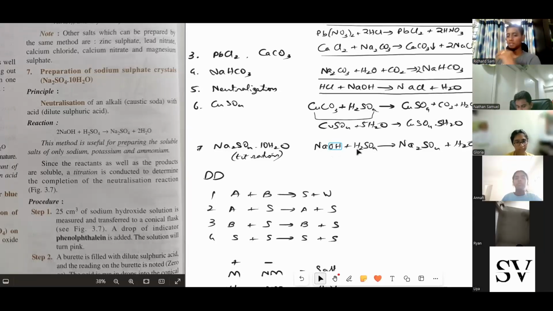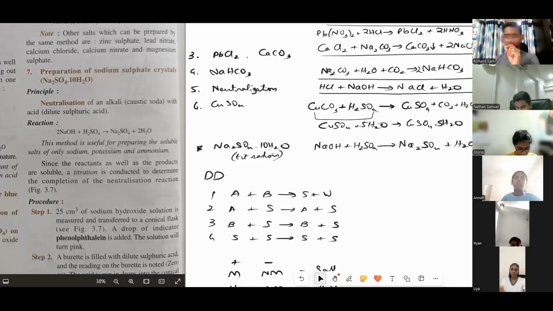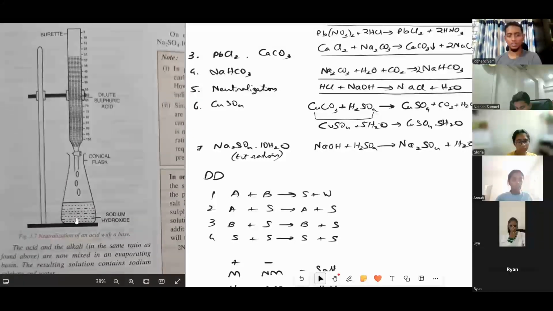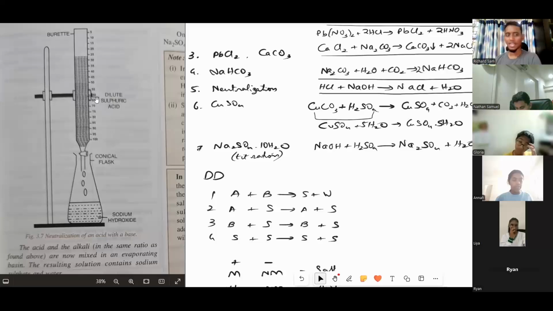Now to that base, we're going to add sulfuric acid. How are we adding the sulfuric acid? Drop by drop. Look at this diagram over here. In the beaker or this conical flask, you have sodium hydroxide, and drop by drop, we're adding sulfuric acid. You keep adding drop by drop because then it mixes nicely and evenly. Now, you keep adding these drops till the color of the solution changes.